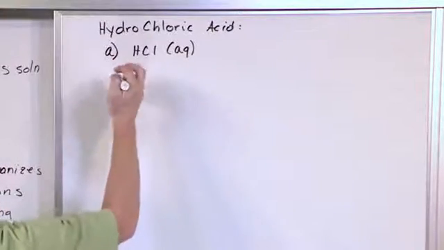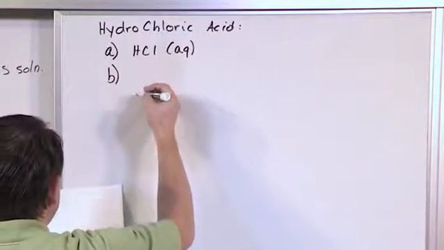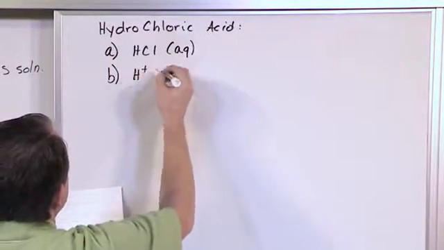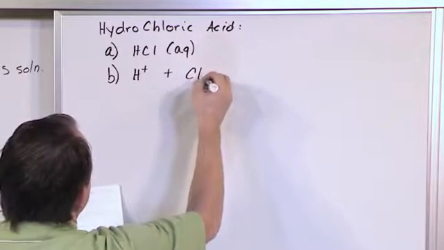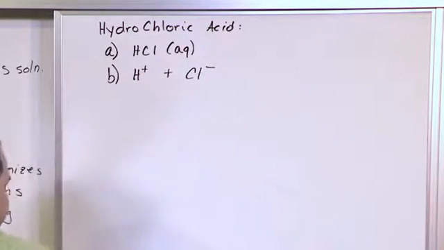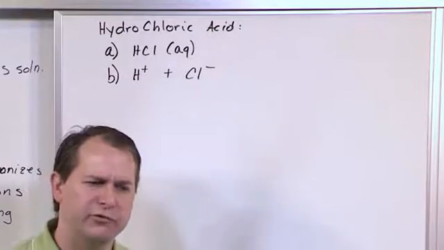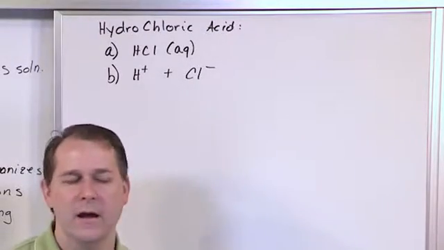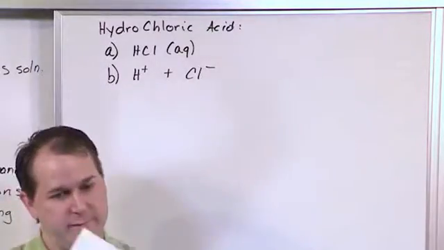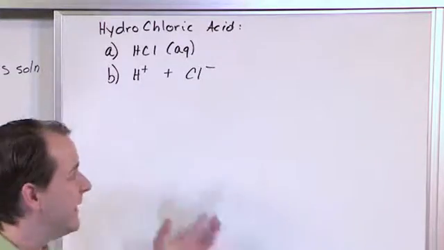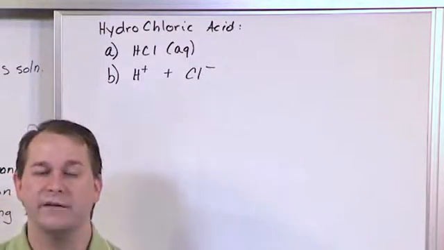But an equivalent way of writing it would be to write it as H plus and Cl minus. So sometimes when we're talking about chemical reactions, we might write it as HCl in aqueous solution because we're trying to keep everything compact and nice. But if you want to blow it up into all its glory, you could say the HCl really is broken down into these ions, so we can write those down.